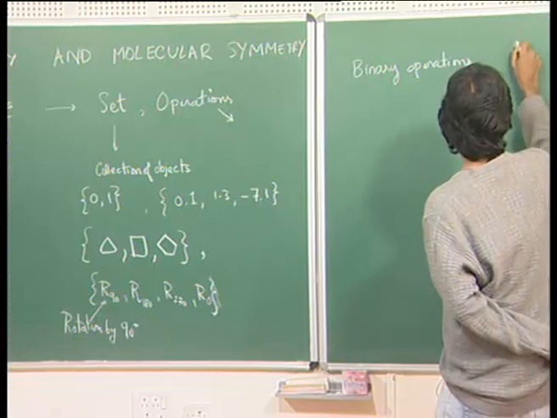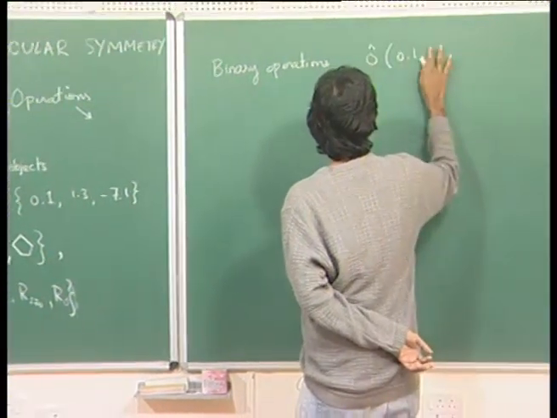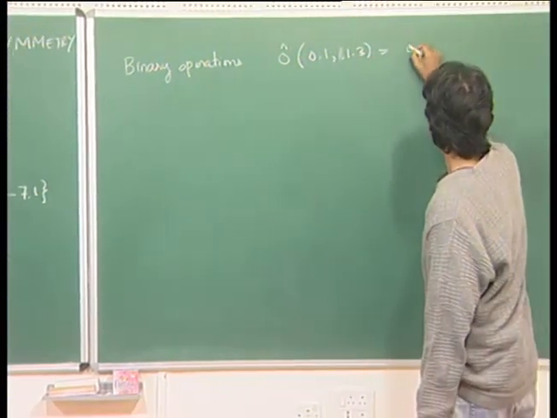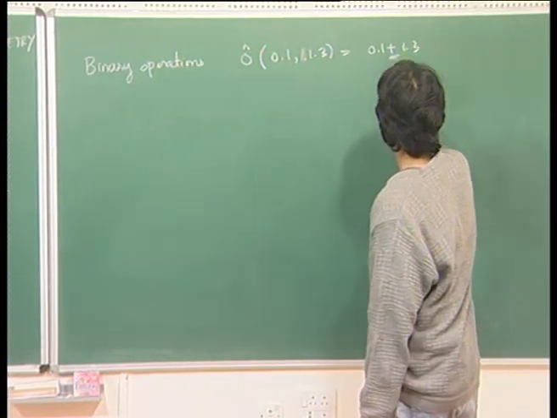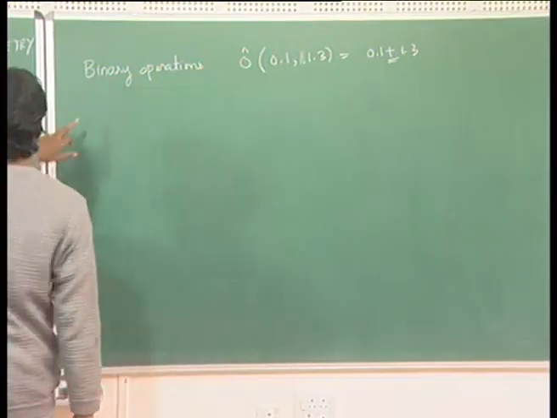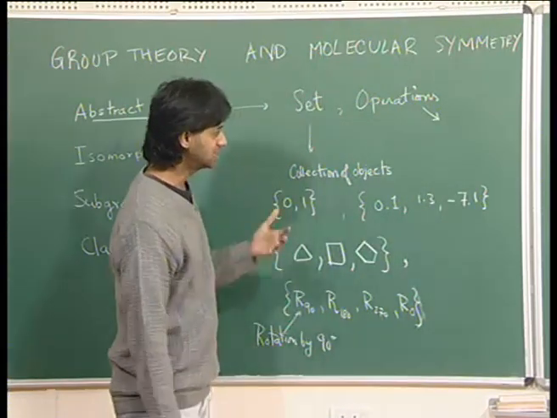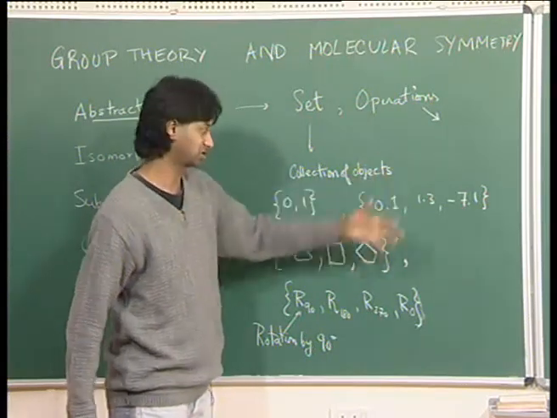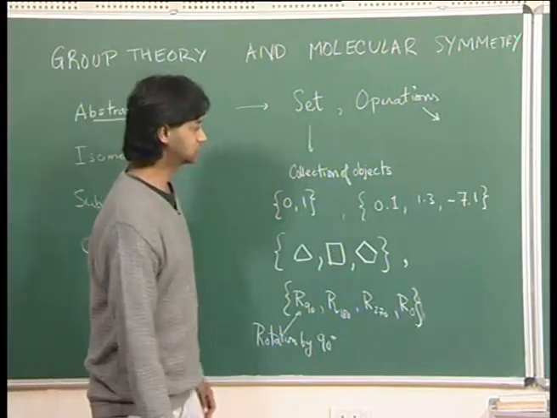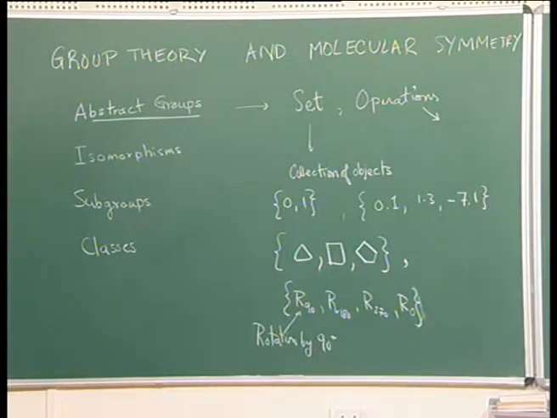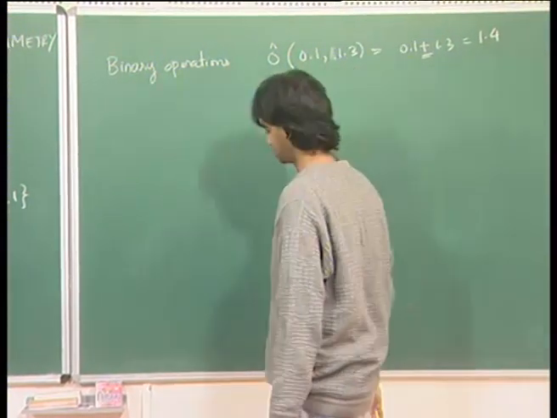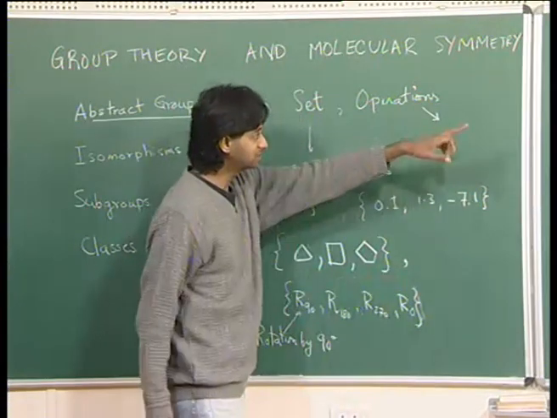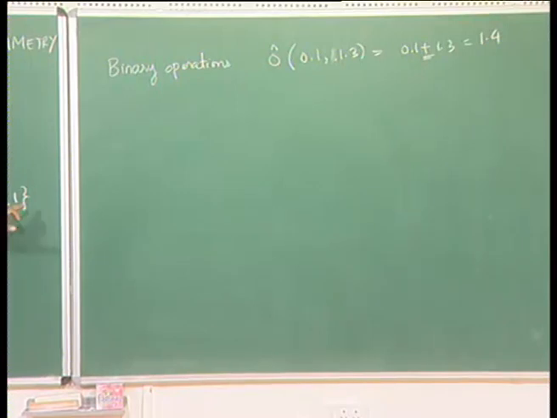You could have an operation that acts on 0.1 and 1.3, and it gives you 0.1 plus 1.3. So, this addition is an example of a binary operation, and it is called binary because it acts on two objects. You could also have ternary operations, and unary operations that act on one object and give you another object. That object may or may not be in the set.